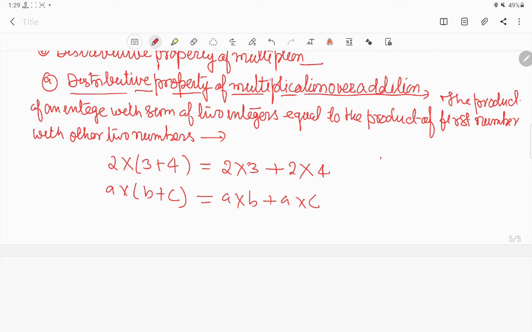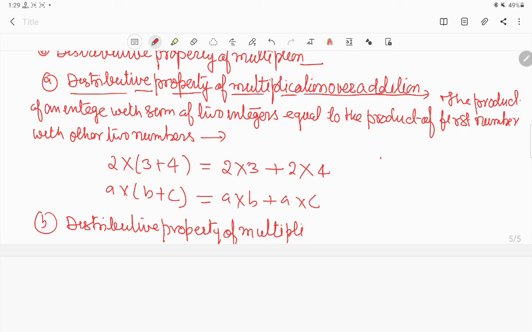Now part B, distributive property of multiplication over subtraction.